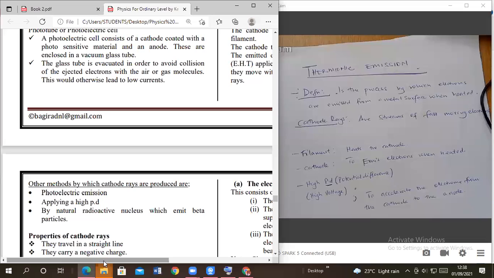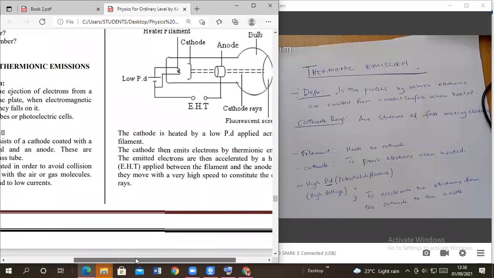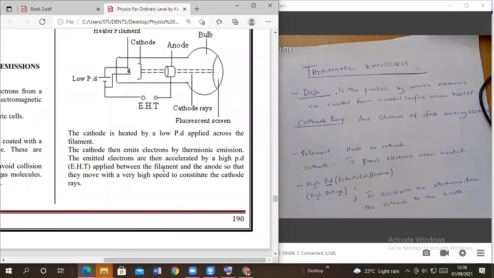Okay, so that is the cathode ray tube, and that's how you explain the cathode ray tube. Members, if you are trying to explain it, you explain in terms of the functions of these parts. The cathode is heated by a low PD applied across the filament.